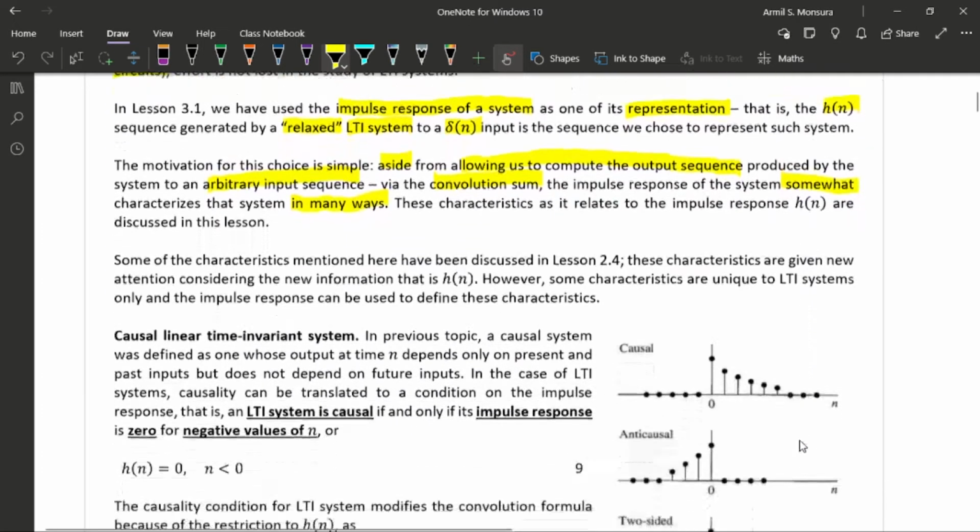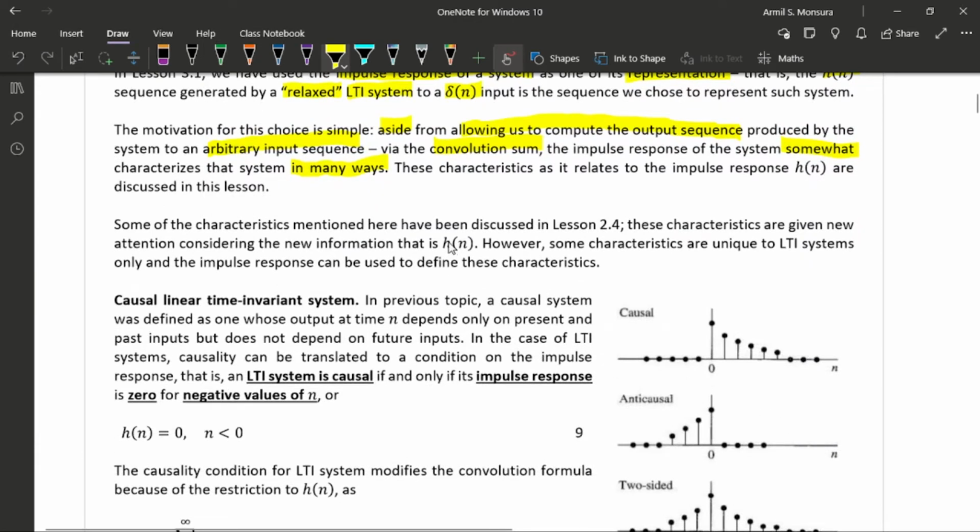As I mentioned earlier, some of the characteristics that we will be mentioning here have been discussed in lesson 2.4. That includes two, causality and stability. These characteristics are given new attention considering the new information, that is the impulse response.